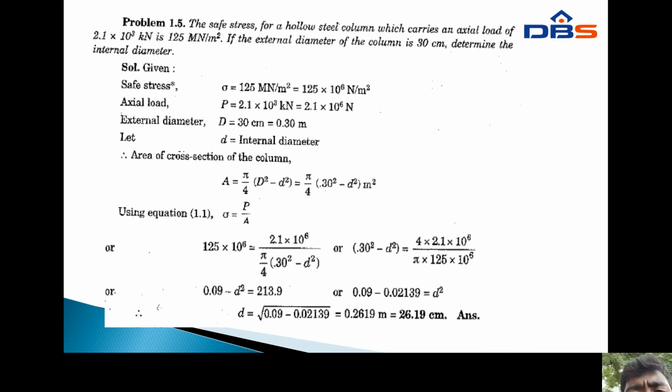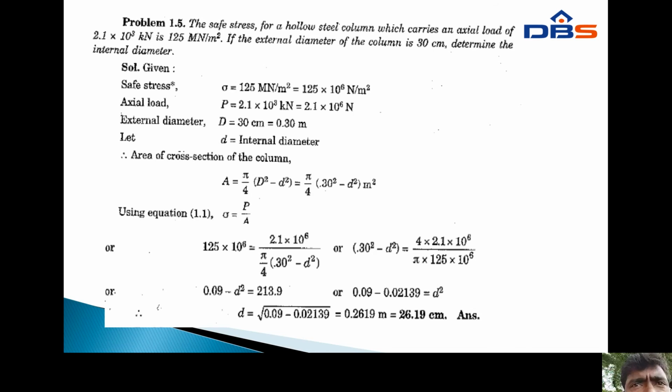Next, external diameter, capital D, equals 30 centimeters, converted into meters, 0.30 meters. Let small d be the internal diameter. This is the given data. Next, the area of cross section of the column, A equals pi by 4 into D square.